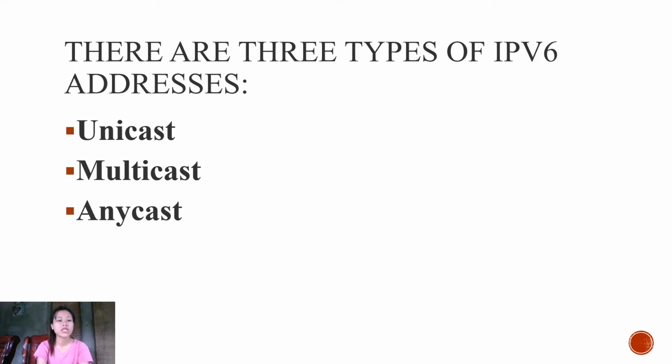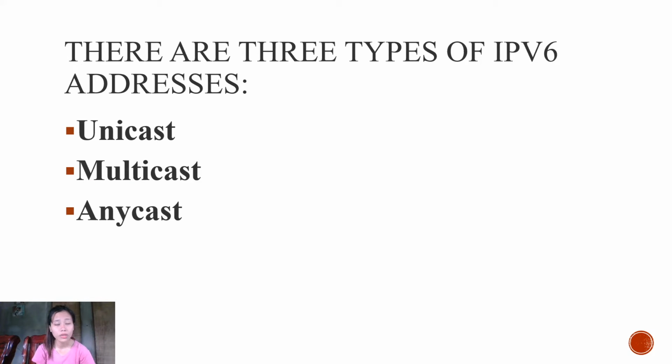So there are three types of IPv6 address, which are unicast, multicast, and anycast. An IPv6 unicast address uniquely identifies an interface on an IPv6 enabled device. A source IPv6 address must be a unicast address.